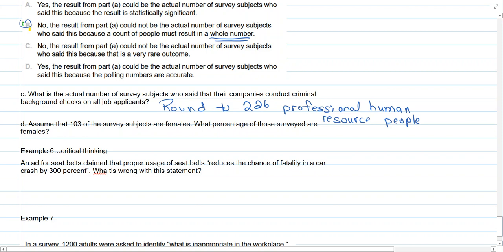It's easier to say 226 because the .07 implies that they rounded slightly above.